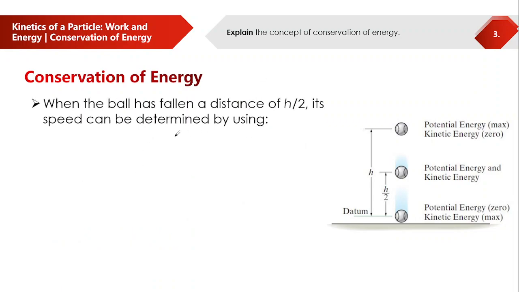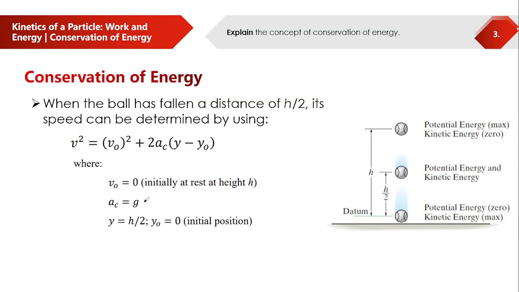So when the ball has fallen a distance of h over 2, or half of the drop distance, its speed can be determined by using the kinematic equation. So v squared is equal to v sub o squared plus 2a(y minus y sub o). Okay, so v sub o is 0, a is g because it is a free falling body.